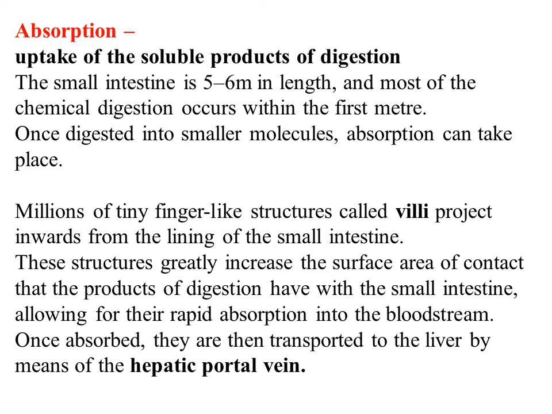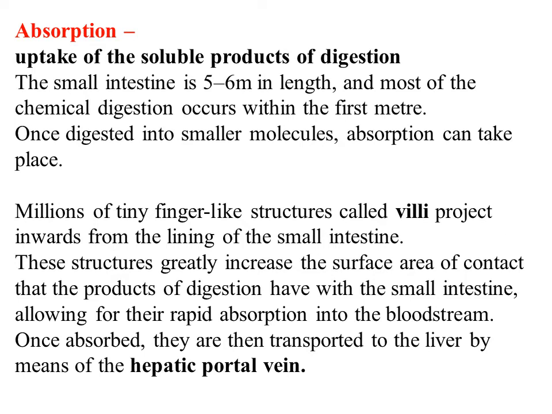In the intestine, there are small finger-like projections, finger-like outgrowths present on the inner lining of the small intestine. Those are called villi. These villi have many blood capillaries.